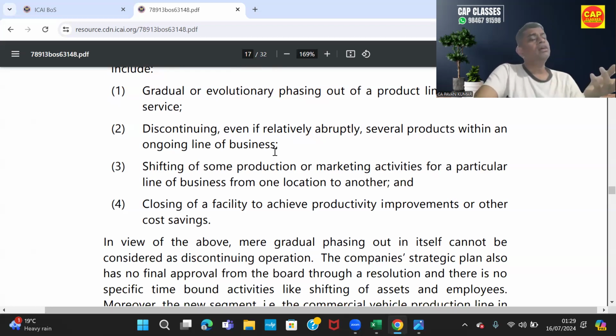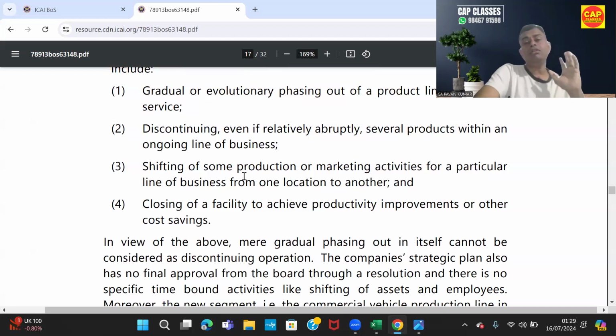Or, you can say, even if you look at Mercedes-Benz or Tesla, these kind of companies, if you go to their website, they've given clearly that by 2030 or by 2035, we will stop selling petrol-driven or diesel-driven vehicles.